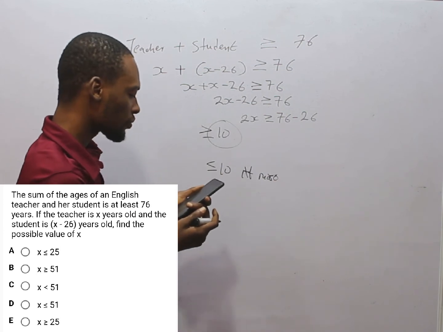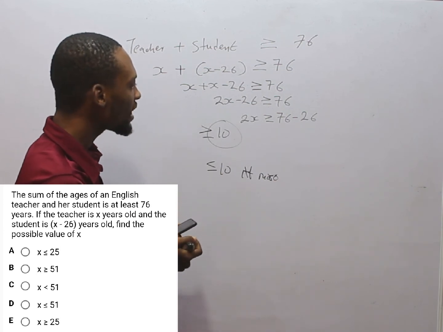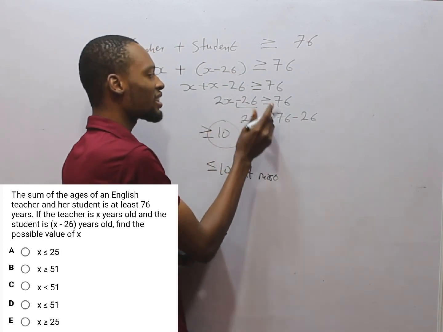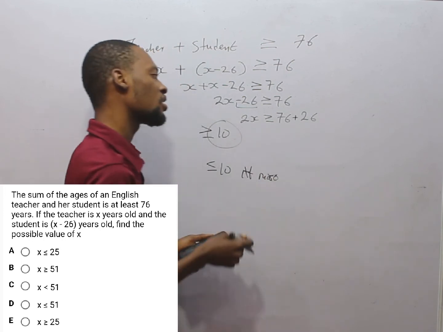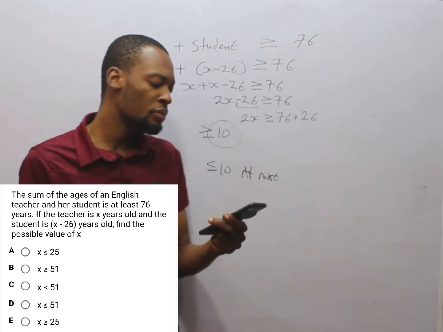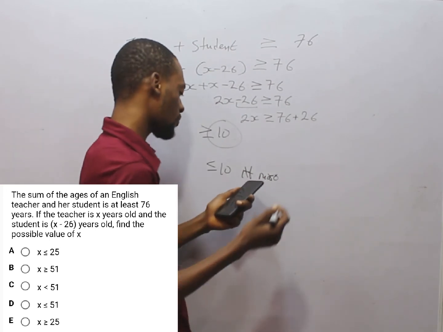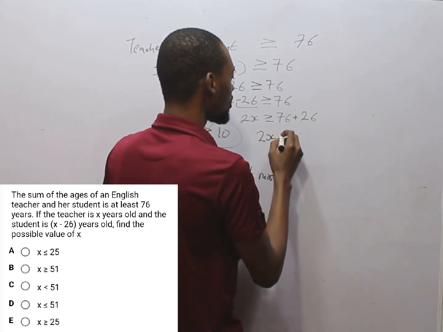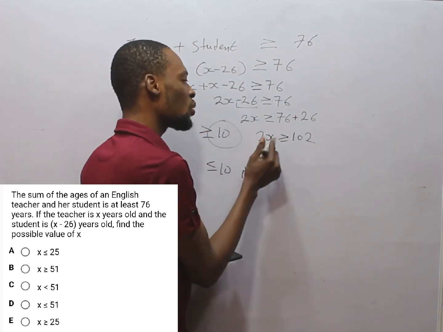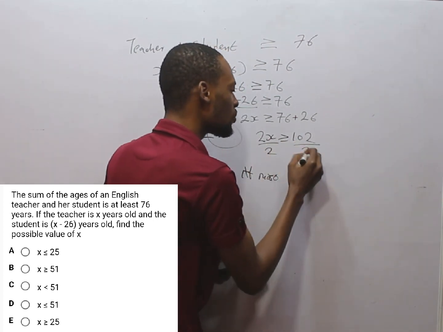2S, look at something. This is minus 26. As it crosses, it becomes plus 26. Remember, when a negative number crosses the inequality sign, it becomes positive. So 2S is greater than or equal to 102. And to get S, we divide both sides by 2.